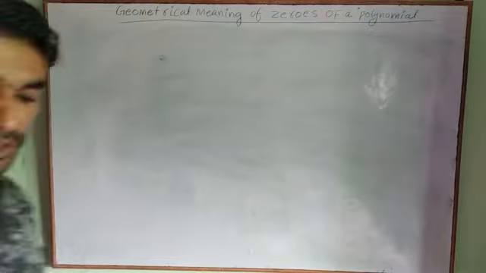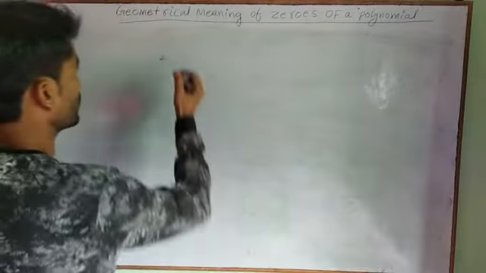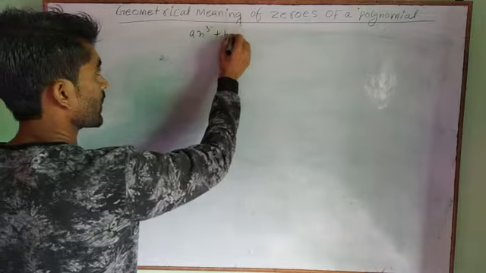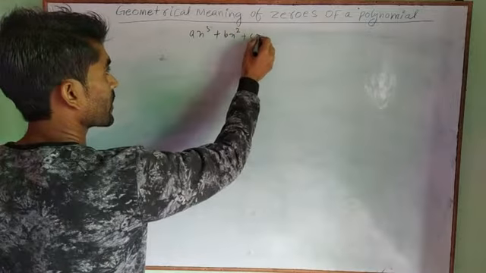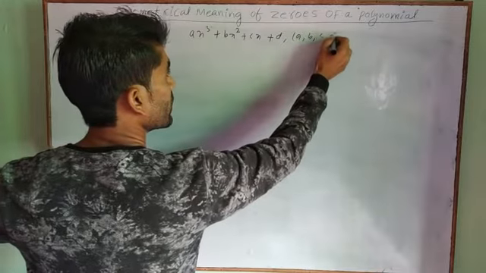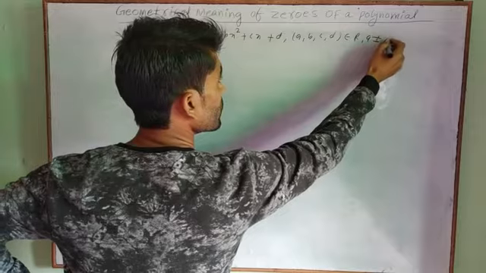Okay. Now we will discuss the cubic polynomial. As you know, the general form of a cubic polynomial is ax cube plus bx square plus cx plus d, where a, b, c, d belong to real numbers and a should not be equal to 0.